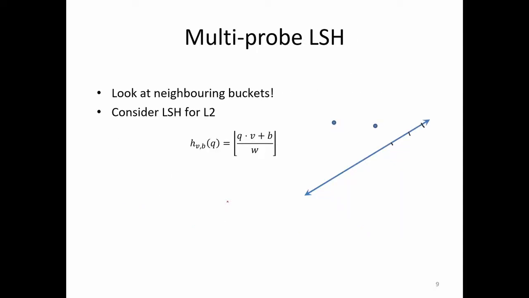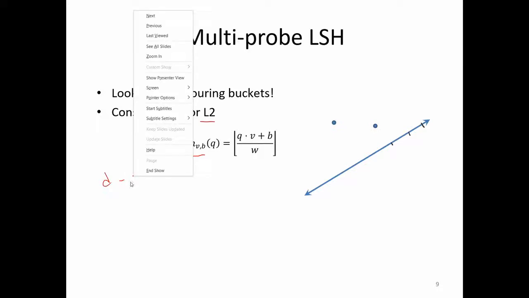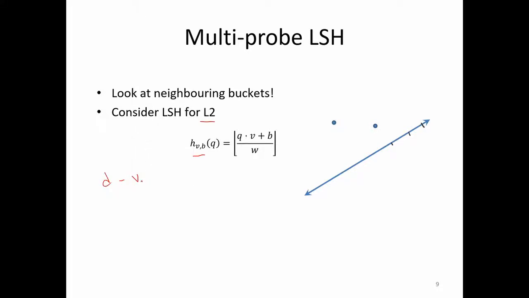One of the most important problems is that of L2 distance, and the hash function, if you recall, that we have used is this h_{v,b}(q). Basically, if your q is d-dimensional, you sample a d-dimensional vector v, where each coordinate is sampled from Gaussian 0 comma 1.